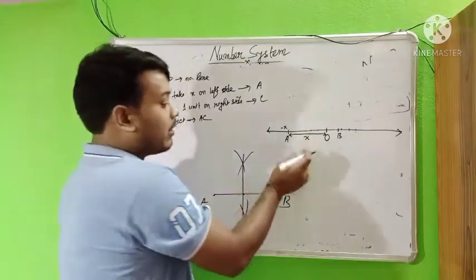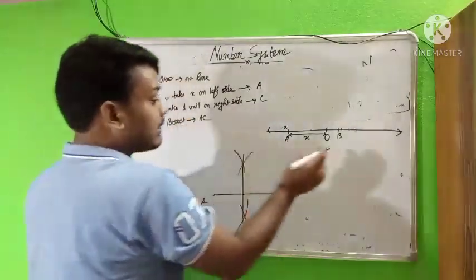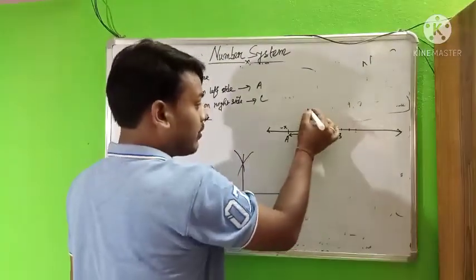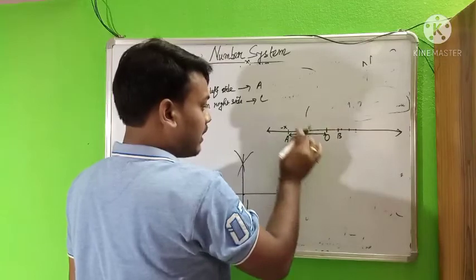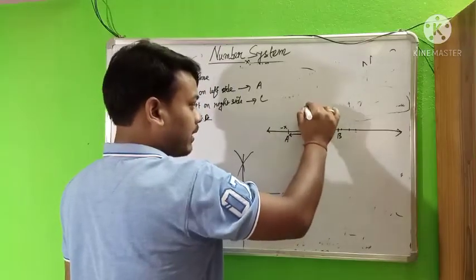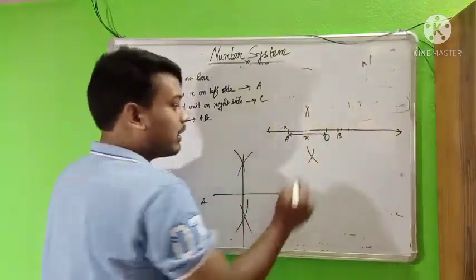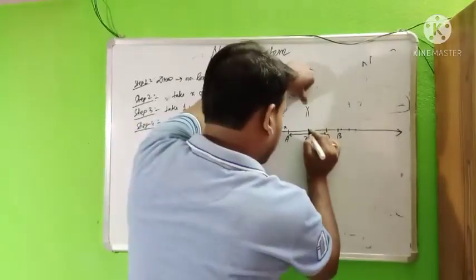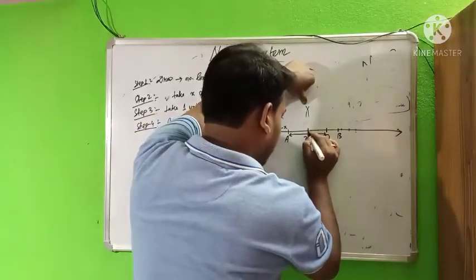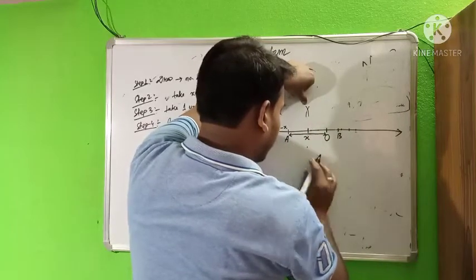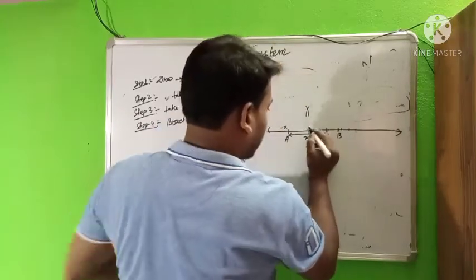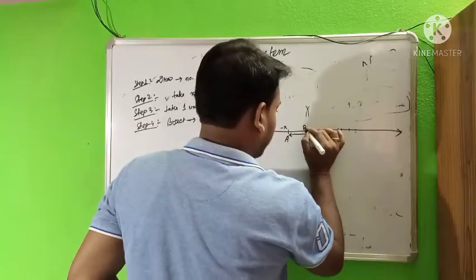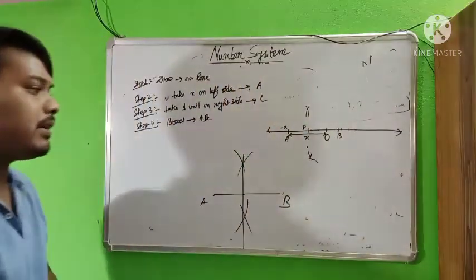So we put the compass here, take one arc on each side with the same length, do the same from B, then put a scale and find the midpoint. Give it the name P.